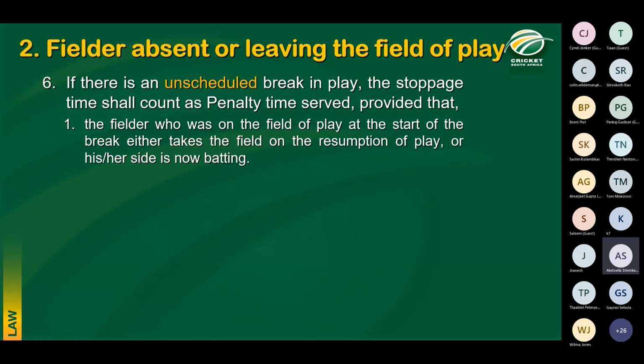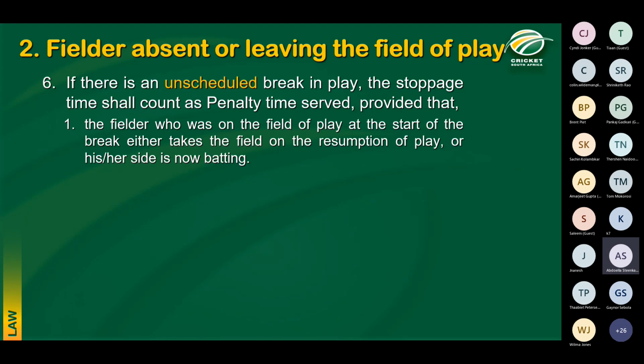So now point number 1 says that when there's an unscheduled break in play, you can offset the unscheduled break against the penalty time that the injured player owes us, but the fielder needed to be on the field of play at the start of the interruption, and the fielder needs to take the field at the resumption of play after the interruption.